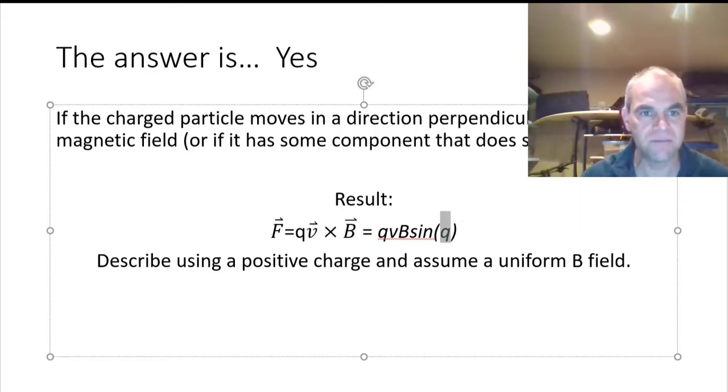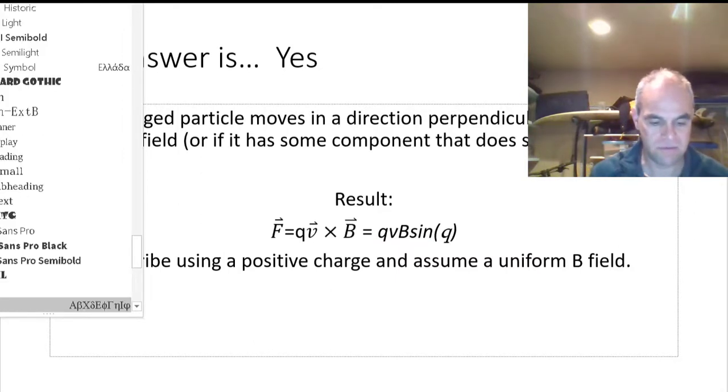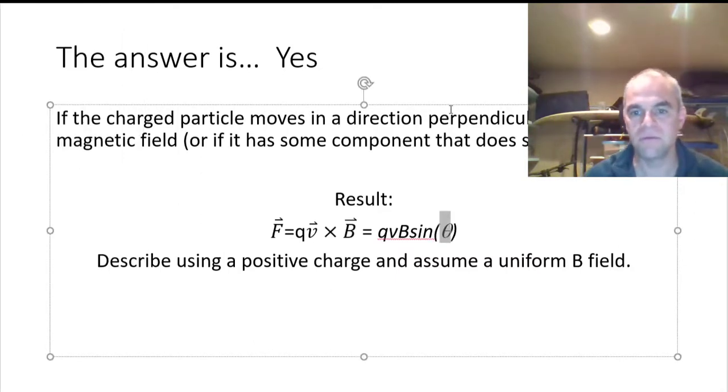So I have to give it a symbol, theta. There we go.